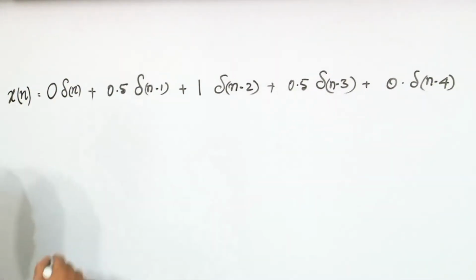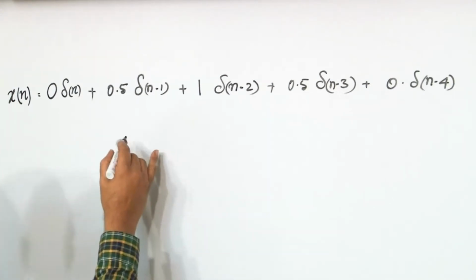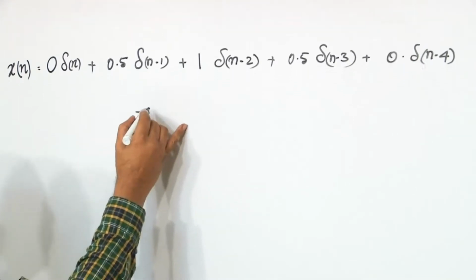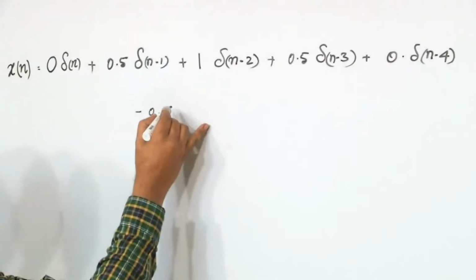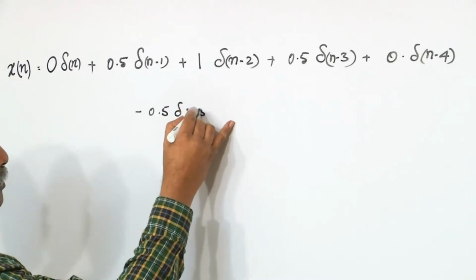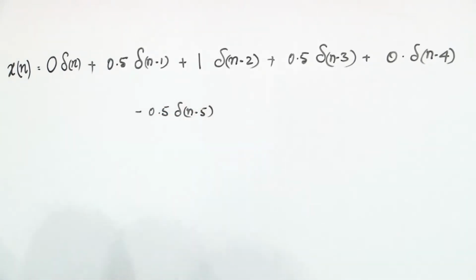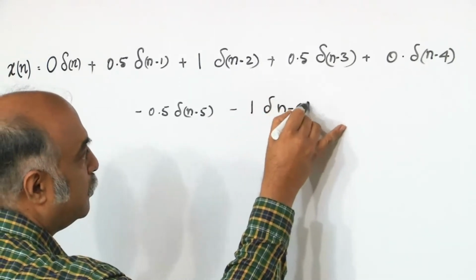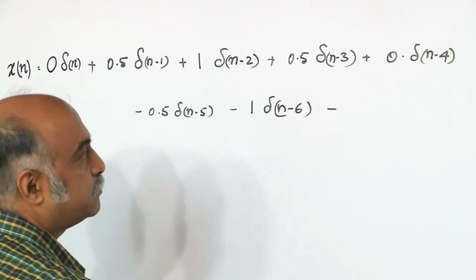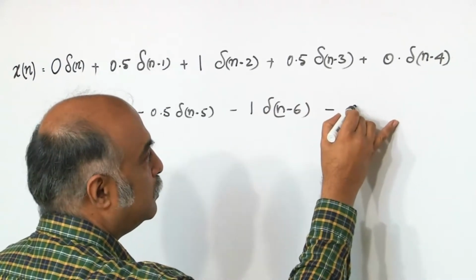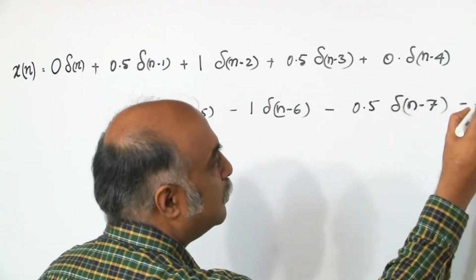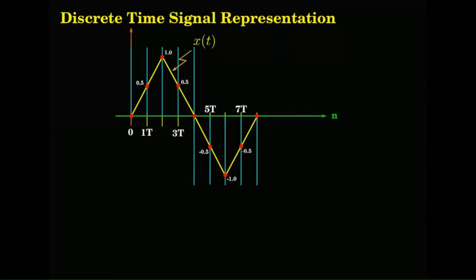Just mentioning that 0, though it will vanish, it is good to write down. Then at 5T, it starts going in the minus direction, and then 0.